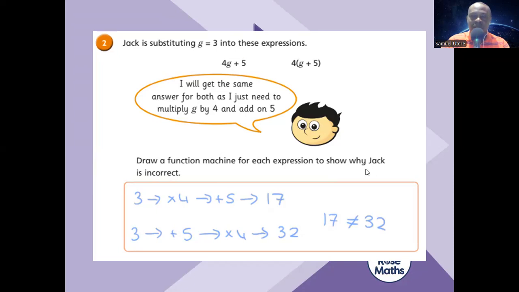Of course, Jack is incorrect, because if we draw a function machine, we can see that for this one, whatever we put in, we need to multiply by 4 first, and then we add 5. You can see your answer is different. Whereas this one, you need to add 5 to g first before you multiply by 4.